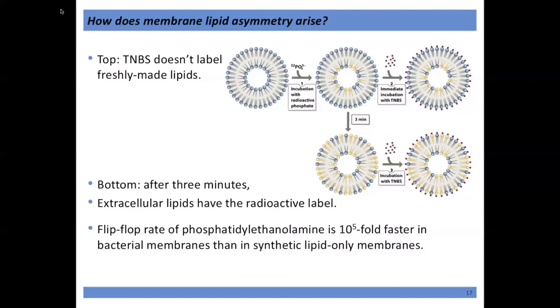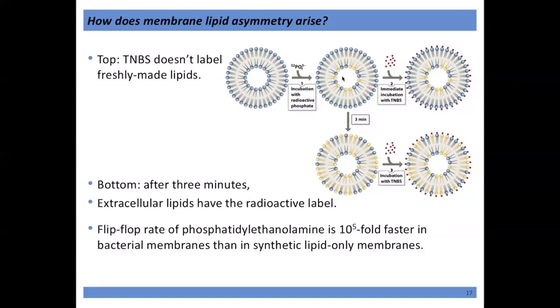Okay, so let's walk through this diagram. We start with what is going to represent a bacteria here. Give it a little bit of phosphate. That phosphate is brought into the interior.